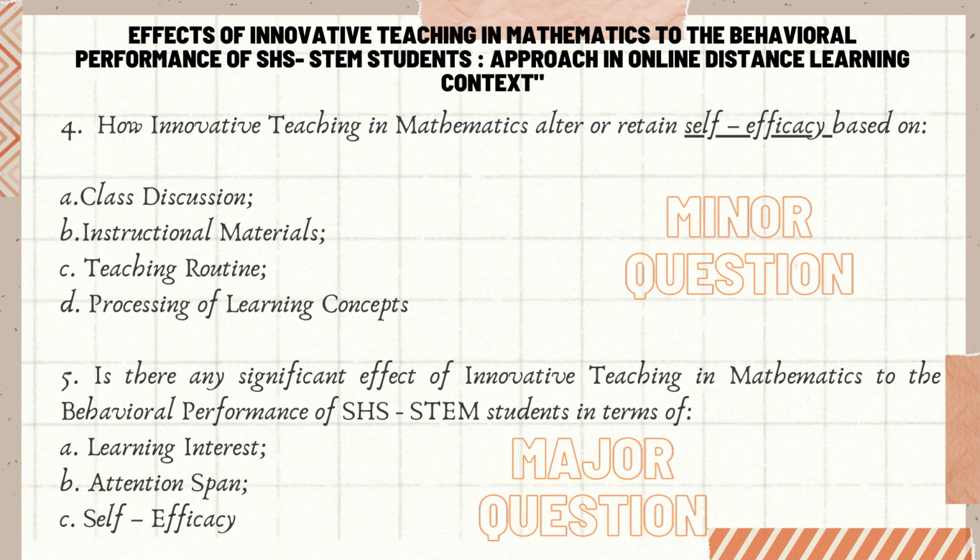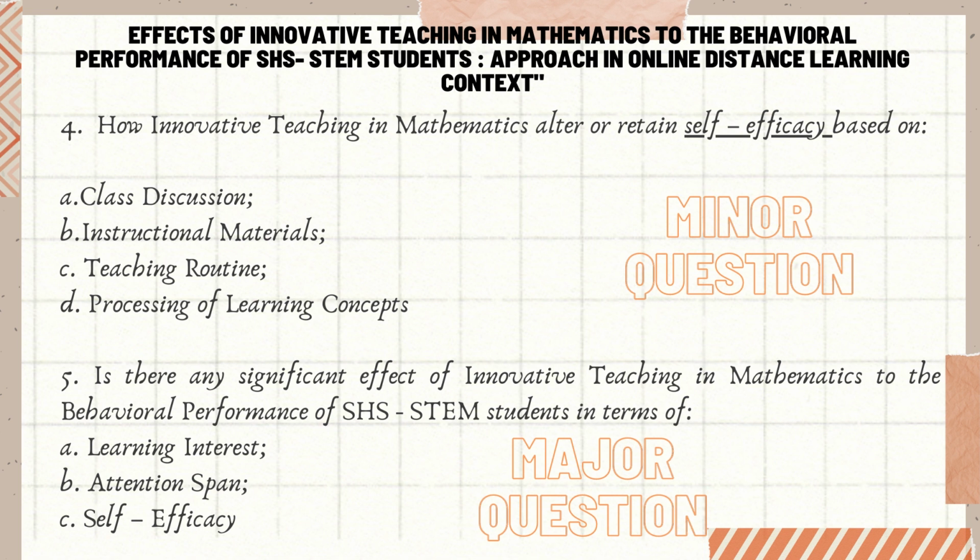Okay? And then last question is number 5. So number 5 is our major question. Why? Because we are going to look for the significance of our variables. Now, is there any significant effect of innovative teaching in mathematics to the behavioral performance of senior high school STEM students in terms of learning interest, attention span, self-efficacy?